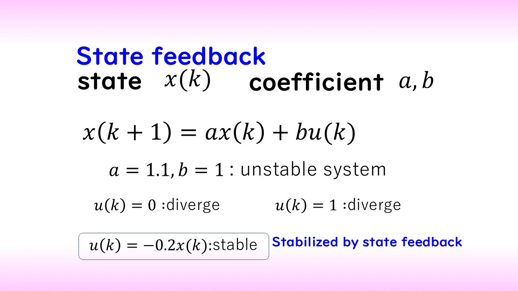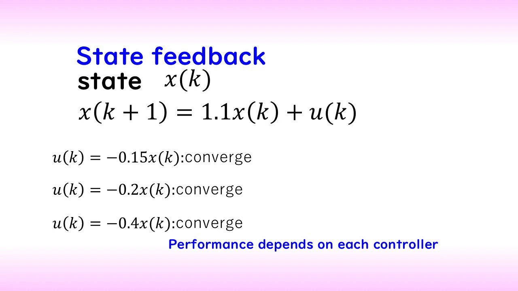This fact is related to the case of continuous time system. These are three cases of controller, and by using each controller, each system converges and is stable. However, the performance depends on each controller.